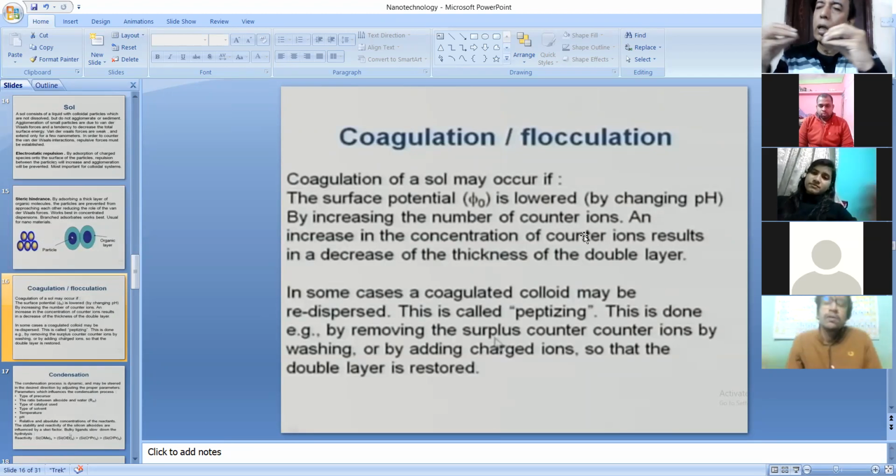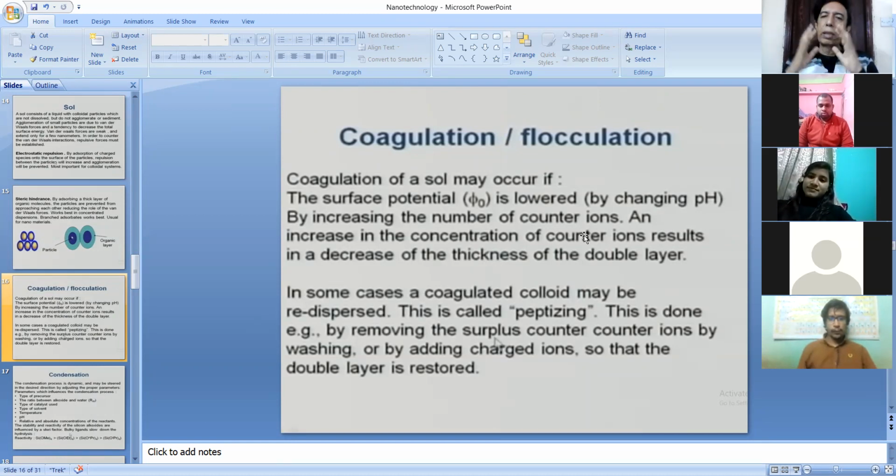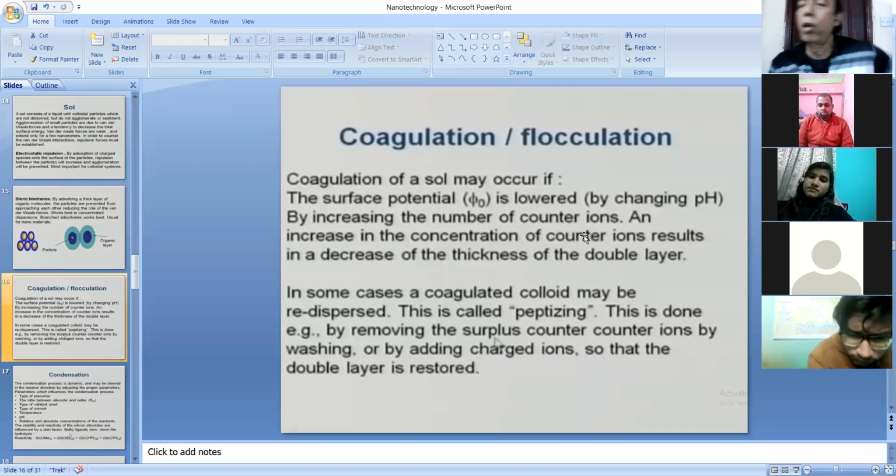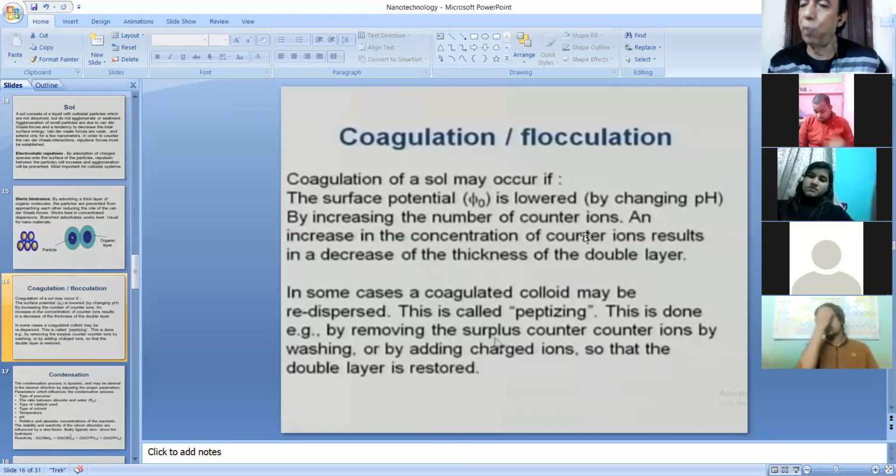So there will be less repulsion, and coagulation happens. So the surface potential, that is adjusting of pH, is very much important.